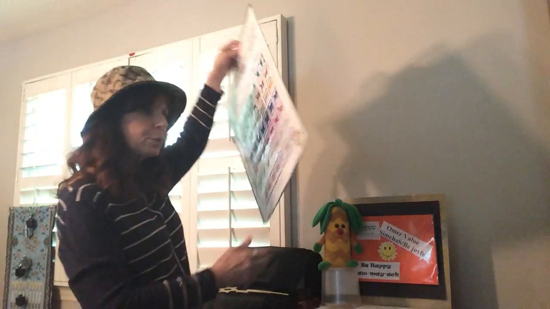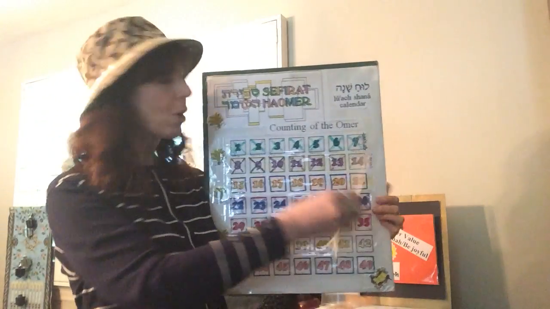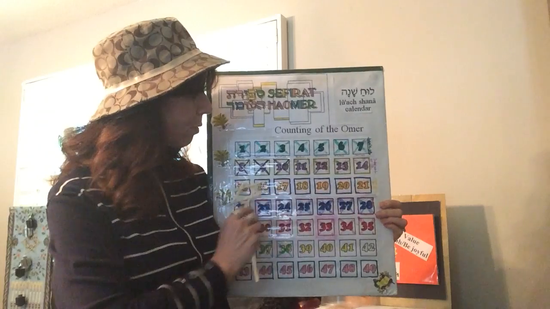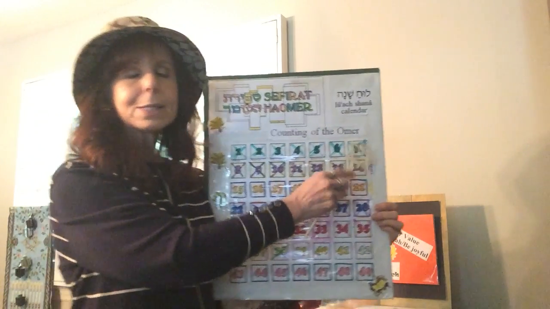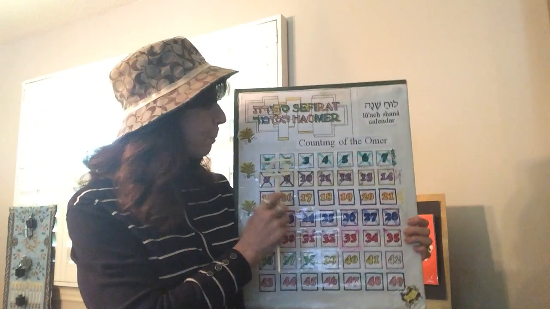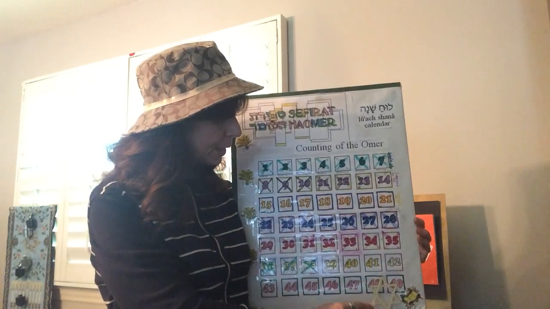We'll do 7s and then we'll do 10s. And we've talked a lot about how there are 7 days in each row, right? It's not a Sunday through Saturday calendar. This is different. But there's still 7 days in each of our weeks, and we have 7 weeks.